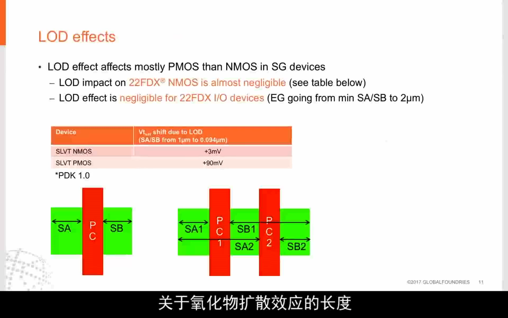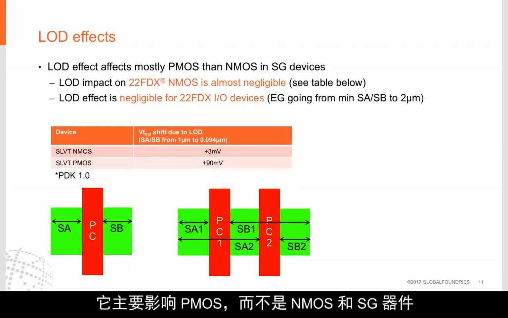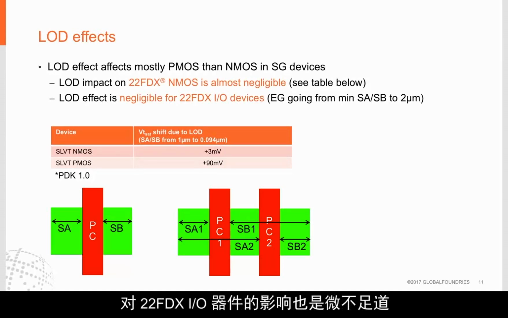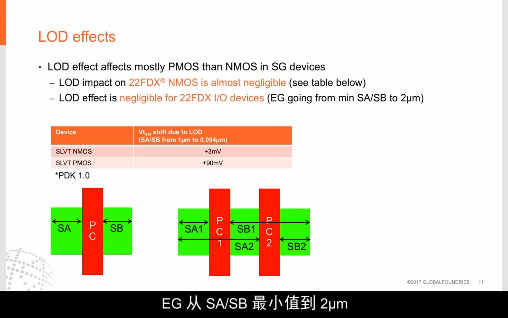Regarding the length of oxide diffusion effect, it affects mostly the PMOS more than the NMOS in our SG devices. The length of diffusion impact on the NMOS is almost negligible. It is negligible for the 22FDX I/O devices as well, the EG going from min SASB to 2 microns.